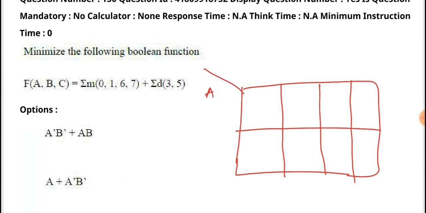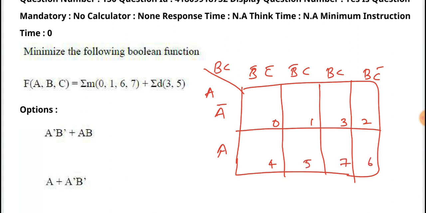Let me take a variable A, and here BC: B bar C bar, B bar C, BC, and BC bar, and here also A bar and A. So here 0, 1, 3, 2, 4, 5, 7, 6. The summation of m is 0, 1, 6, 7, and don't care conditions are 3 and 5.